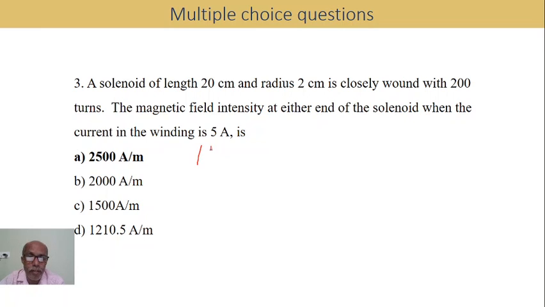It is given by H equals B by mu naught. B by mu naught is called the magnetic intensity H, and that is equal to, at an end of the solenoid, N I by 2L.